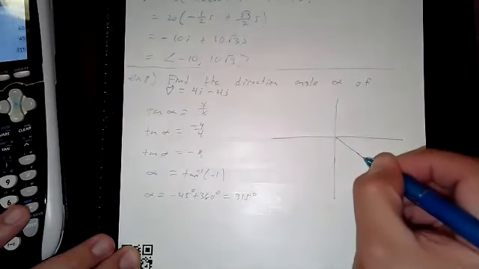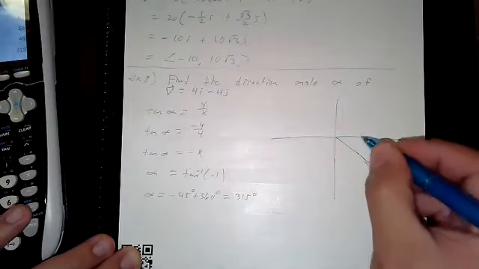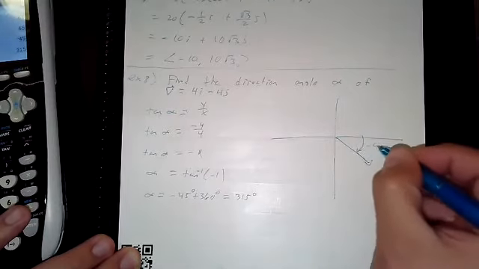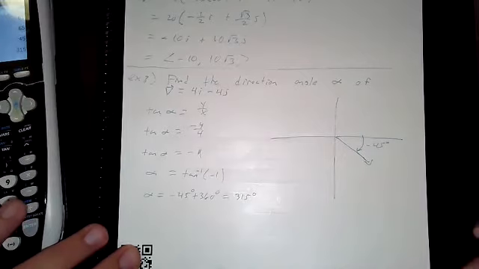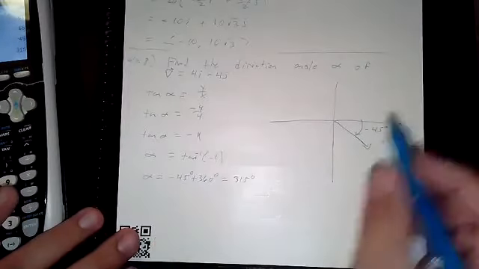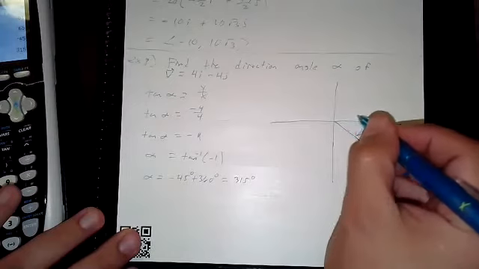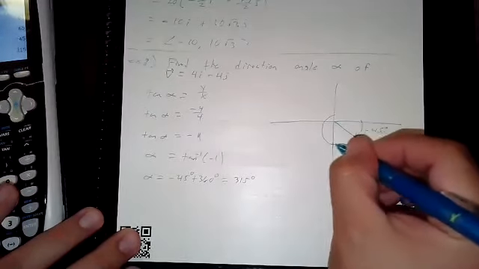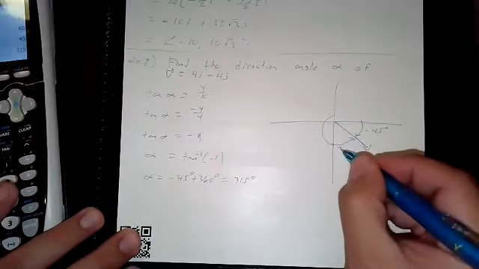So our vector is right here somewhere. Negative 45 is this way, because that's how the inverse tan is defined. But the other direction, this way, is 315.